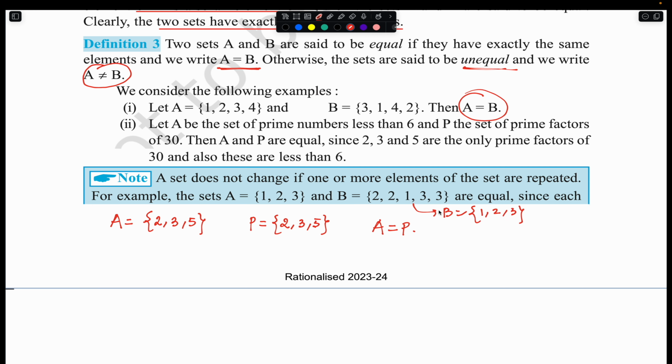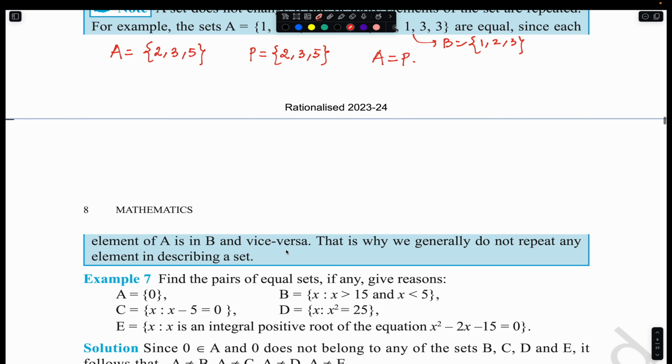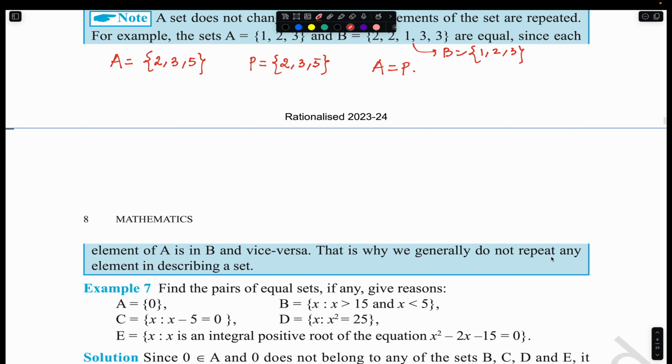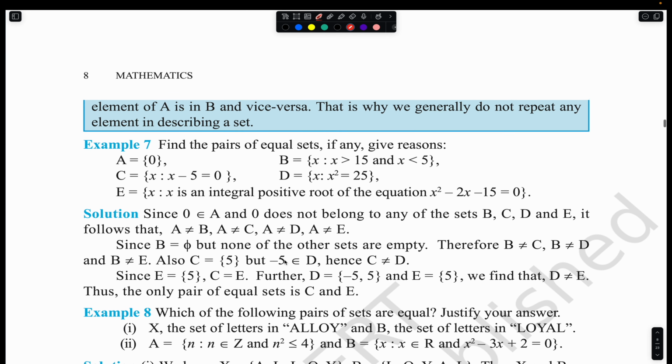So there is no point in repeating an element, and by repeating an element, the set does not change, right? So these two sets are again going to be equal because the unique elements inside the two sets are still equal, since each element of A is in B and vice versa. That is why we generally do not repeat any elements in describing a set, right?